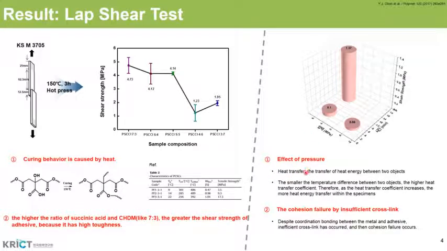The smaller the temperature difference between the two objects, the higher the heat transfer coefficient. Therefore, as the heat transfer coefficient increases, more heat energy transfers within the specimens. A short curing time has caused cohesive failures, which is due to insufficient crosslinking.